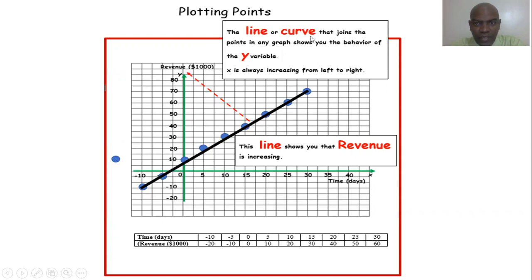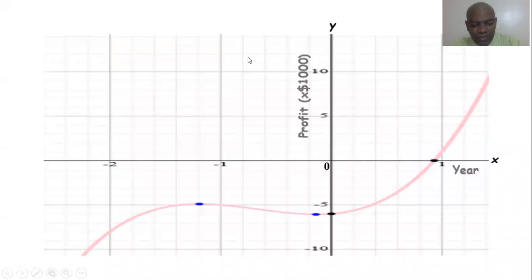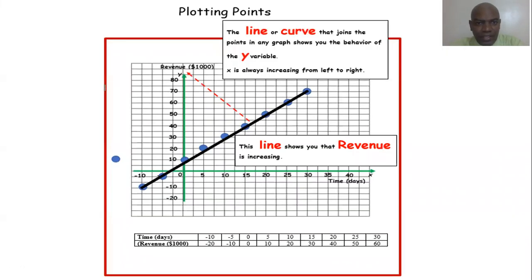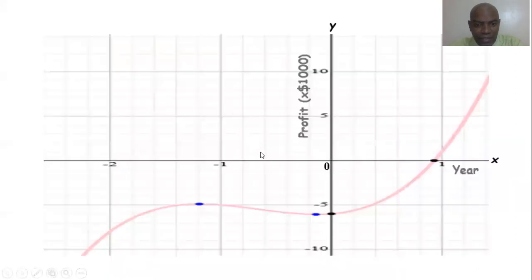The line or curve that joins the points in any graph shows you the behavior of the y variable. x is always increasing from left to right, but the line shows you the revenue is increasing here in this case. Here's a graph and you see a line, it is curving. Look at the line and then look at the y variable. You can see that this is profit. So this is the behavior of the profit.